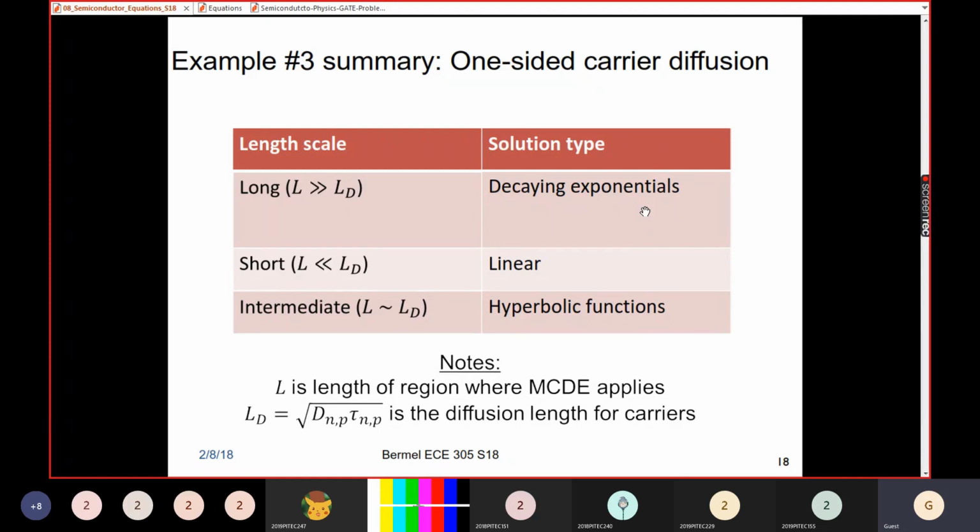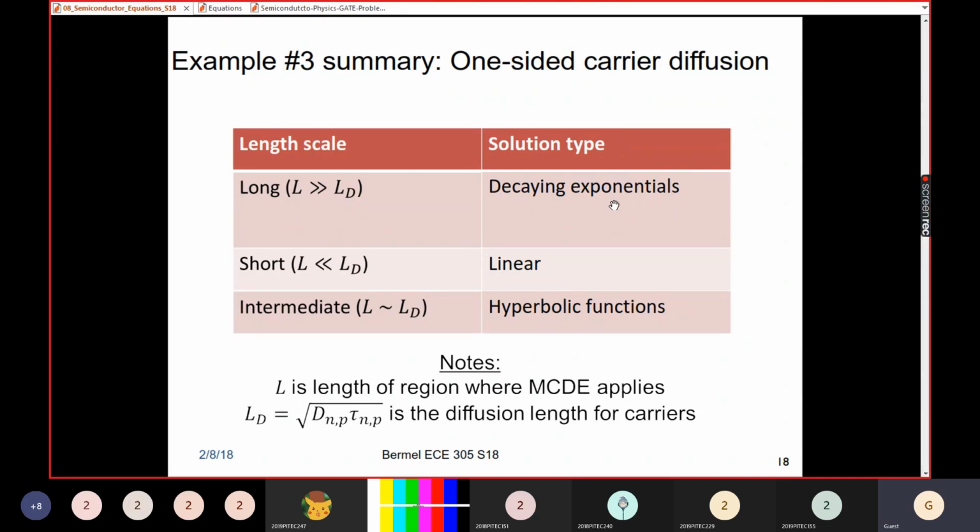Why I am saying this is, in your GATE question paper, they will give you this condition: assume that the original length of the silicon material is greater than the diffusion length. In this case, what equation should you use? Because I have told you 5 different equations, out of those you have to choose one.